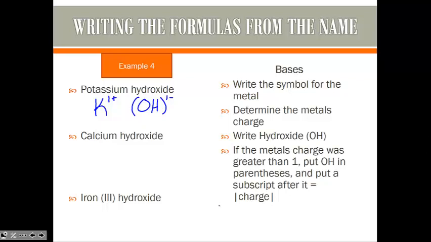We're going to crisscross those charges down to neutralize the compound. So we're going to take the 1, bring it down, giving us K1OH1. So potassium hydroxide's formula is simply KOH. Calcium hydroxide.